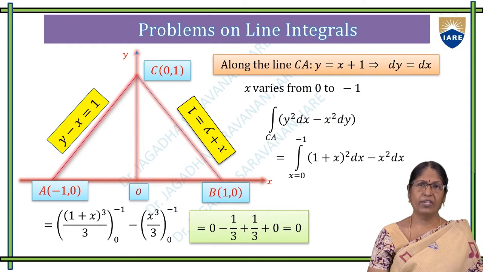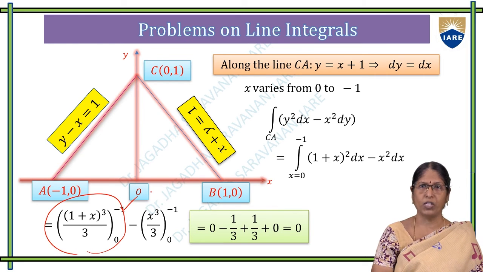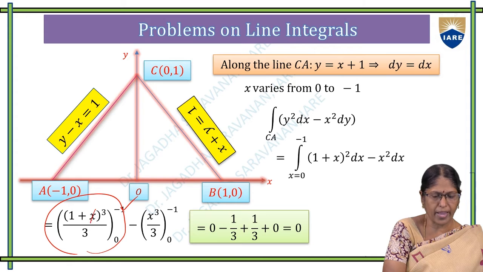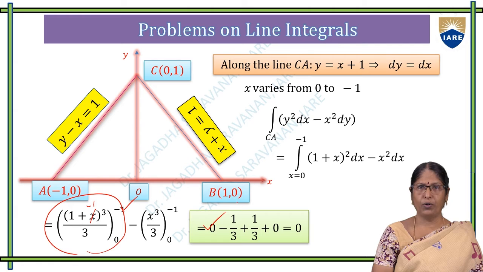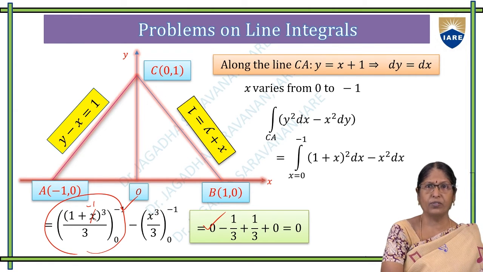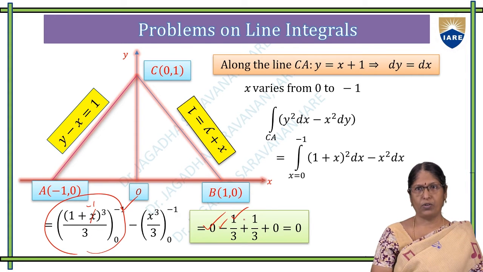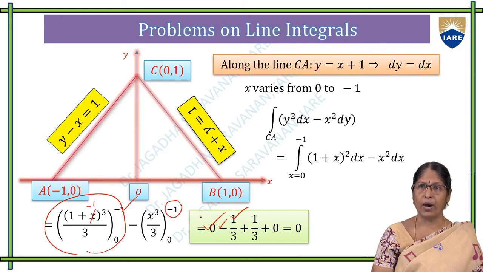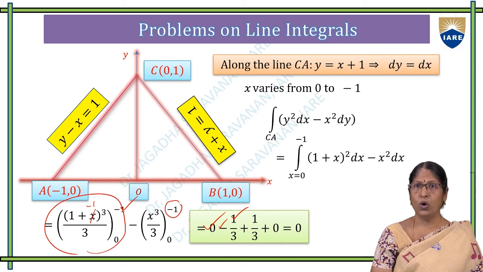Now we will substitute. For this first one, the upper limit is minus 1. When we substitute minus 1 in place of x, 1 minus 1 has become 0. The lower limit is 0. We are substituting x as 0. It has become 1 by 3. This is the limit formula. Next, here the upper limit is minus 1. X place we are substituting minus 1. The whole cube is nothing but minus 1.